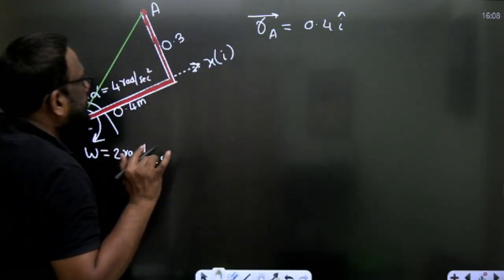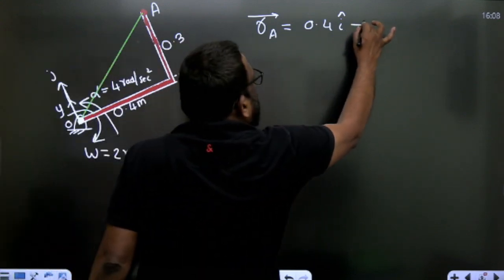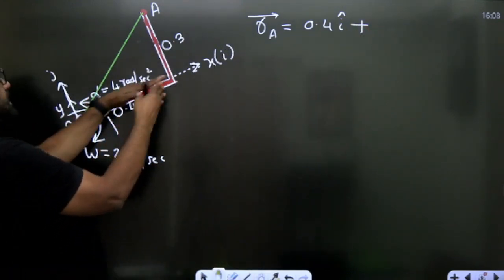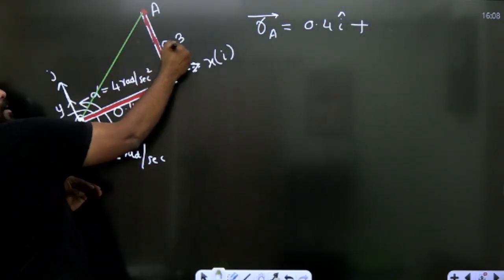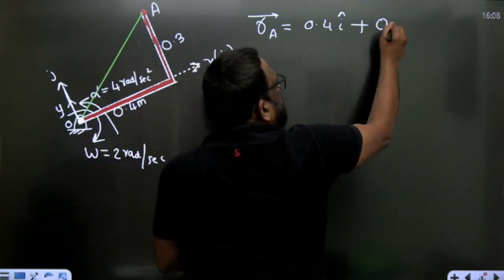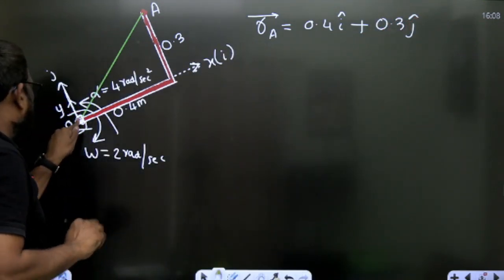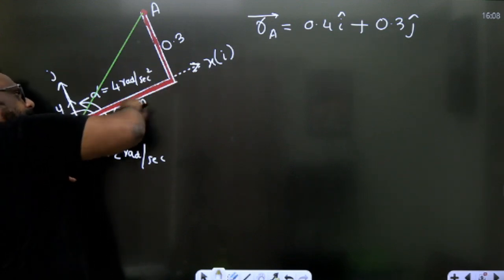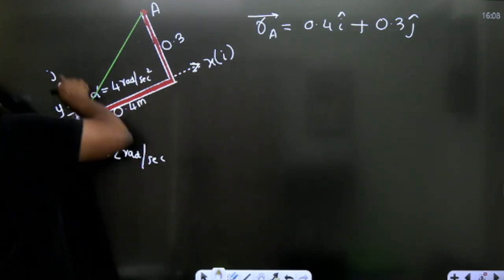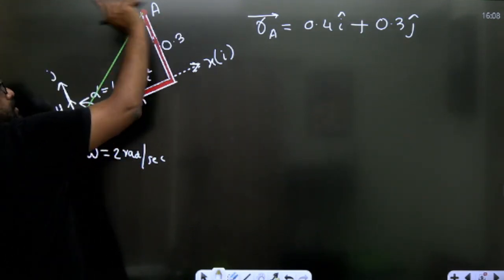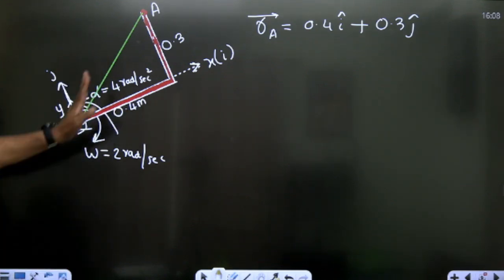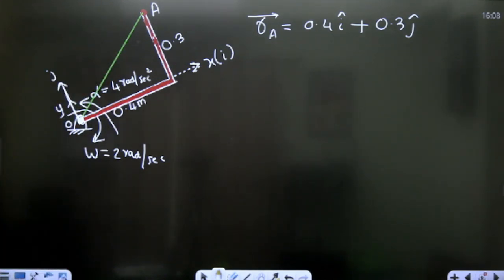Now what is y? From the origin this point is above. How much above? 0.3. I repeat, from the origin positive 0.4, and how much up? It's 0.3. It is in meters, no problem.